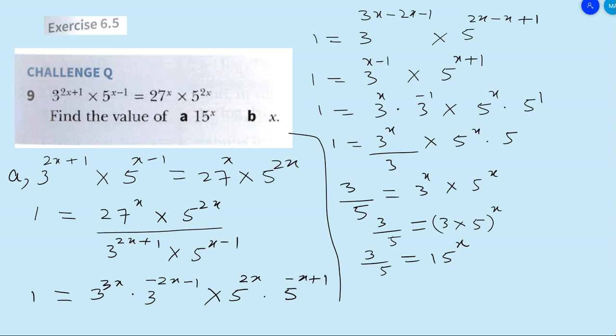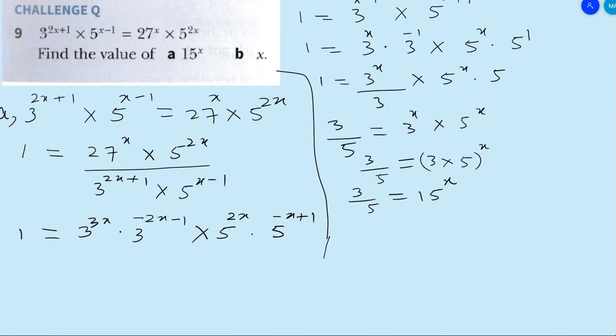Now part B. Part B is find x. Very easy. Taking log on both sides, it will be log of 3 upon 5. This is part B. Log of 3 upon 5 divided by log 15 is equal to x. So by using a calculator, we will find the value.